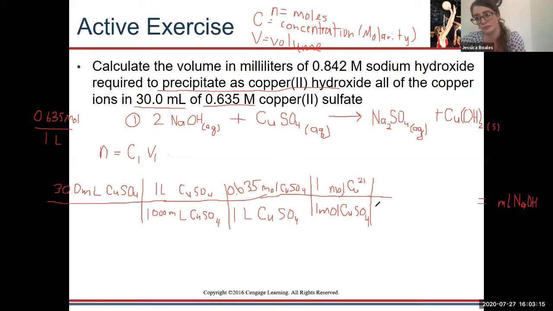Okay, so for every 1 mole of Cu, you have 2 moles of NaOH.